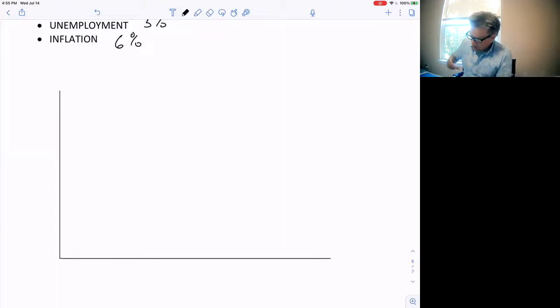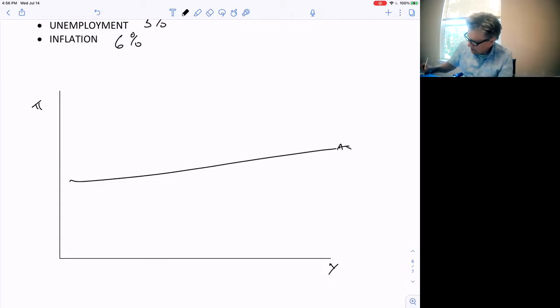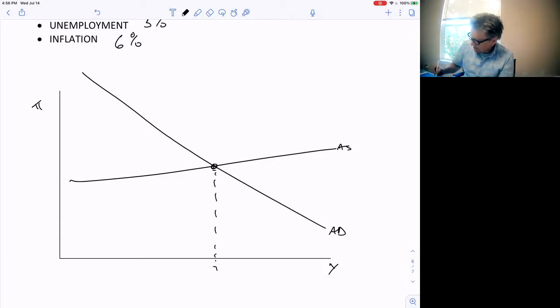So let's draw this situation using the Keynesian macroeconomic model, short-run model. Got this aggregate supply curve upward sloping, aggregate demand curve downward sloping, and we are at potential with an inflation rate of 6%.